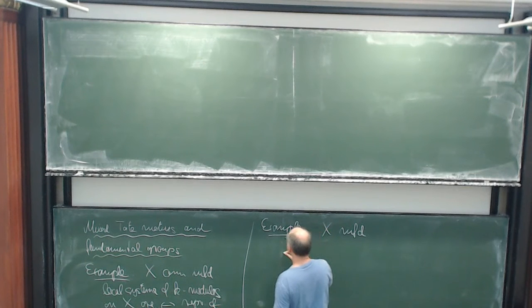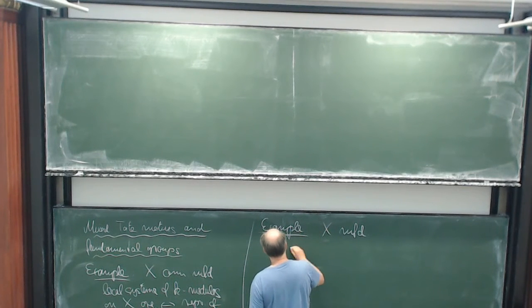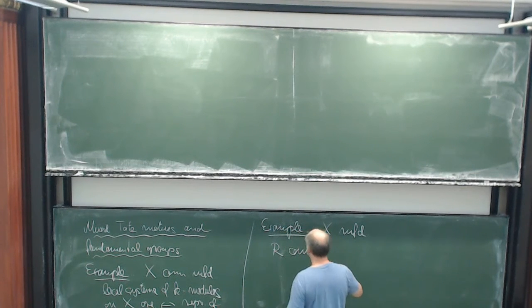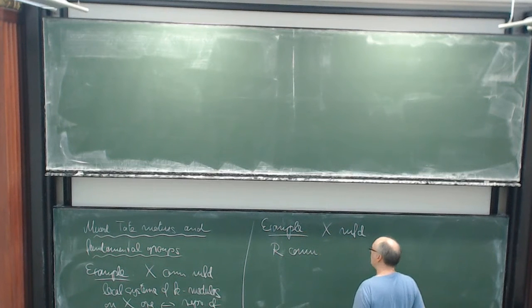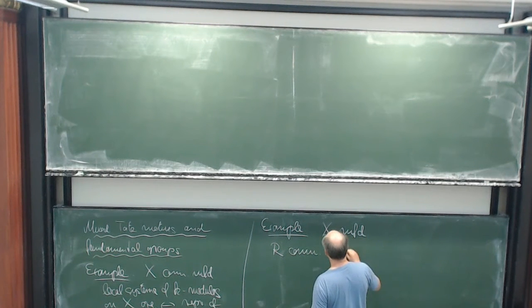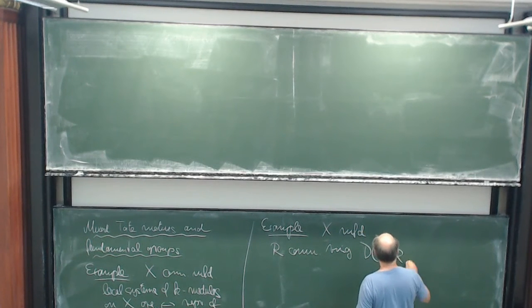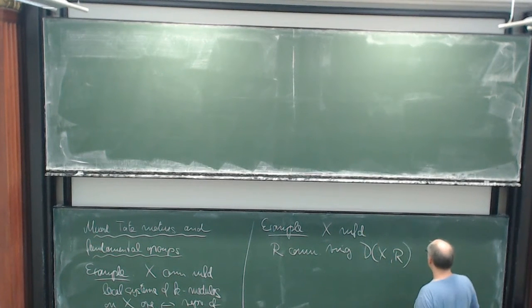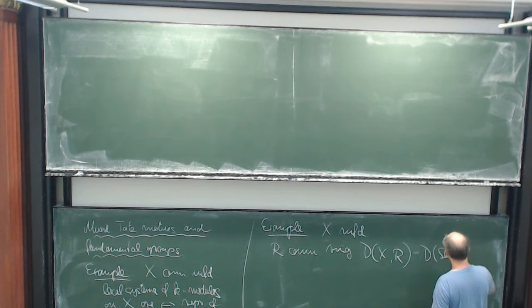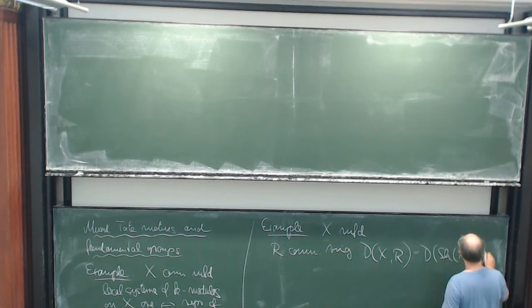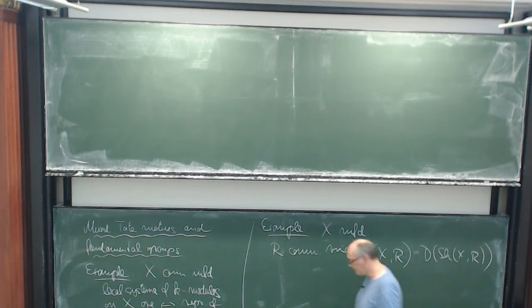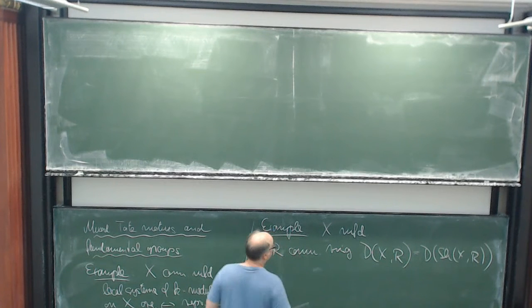And we want to study sheaves of R modules on this. If R is a commutative ring, I denote by D(X,R) the derived category of sheaves of R modules on X. So that's a nice invariant of the space.